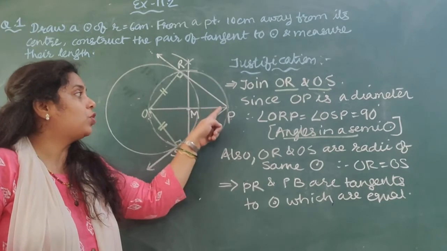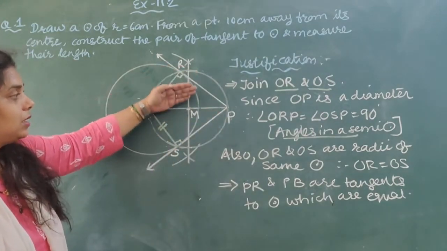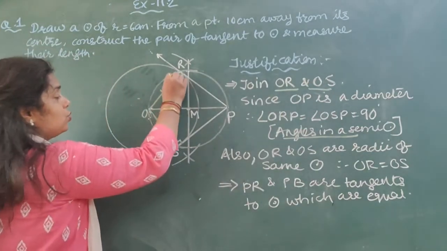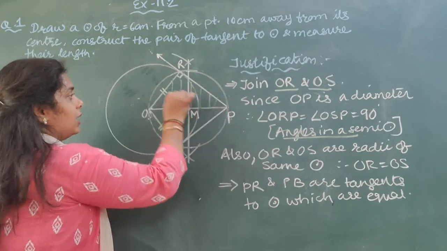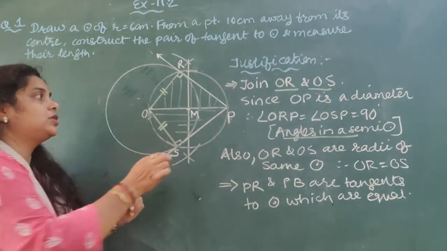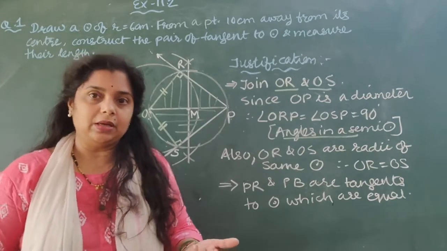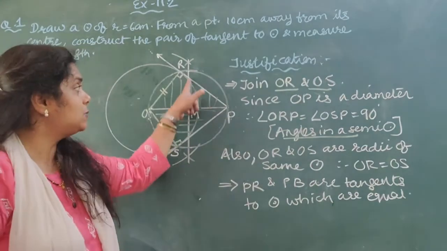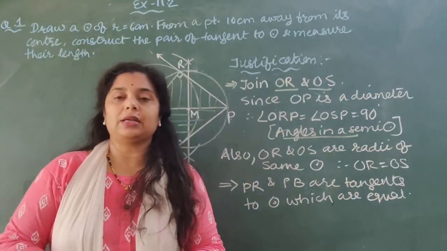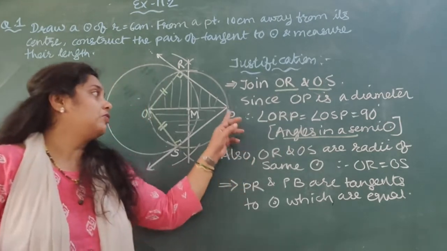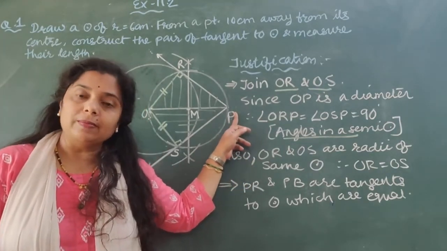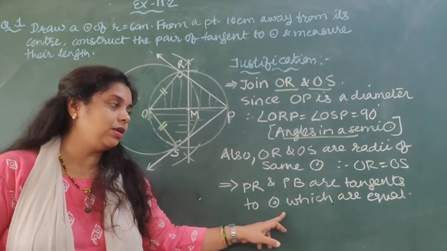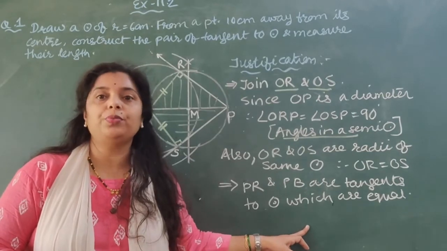So OP is common for the first semicircle and the second semicircle. By this way we can say that these two triangles are congruent, and therefore the rest of the parts are also equal, and we can say that PR is equal to PS. But what are PR and PS? PR and PS are the tangents of a circle from the exterior point P, which are equal. I hope you are getting this.